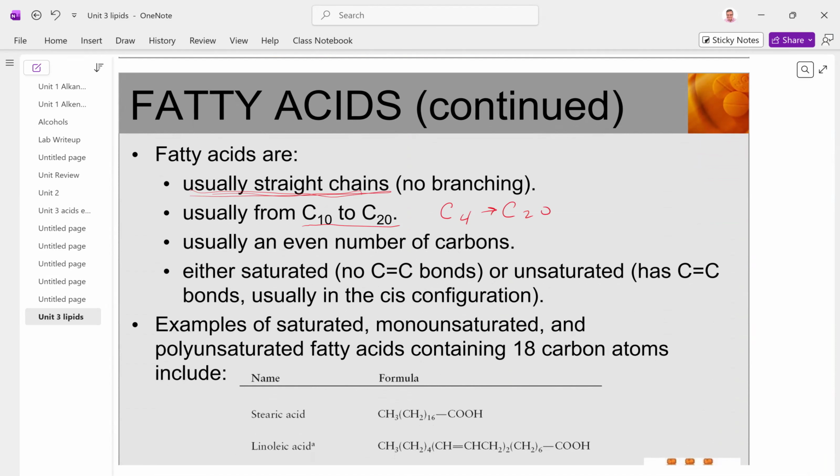C4 are called short chain fatty acids. They're, health-wise, very important in your diet. And they're even numbered. The reason they're even numbered is because when we make a fatty acid in our body, or in the animal that we slaughter and eat, they end up making them in pairs at a time. So they're always even.